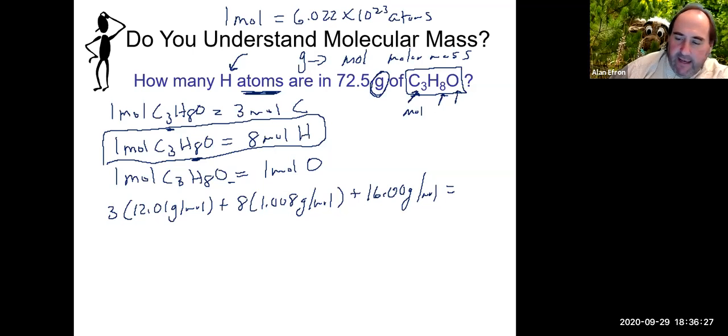And that means if we add all that up, we get something like 60.09 grams per mole, which is the molar mass of C3H8O. So we're going to use that as our conversion factor.